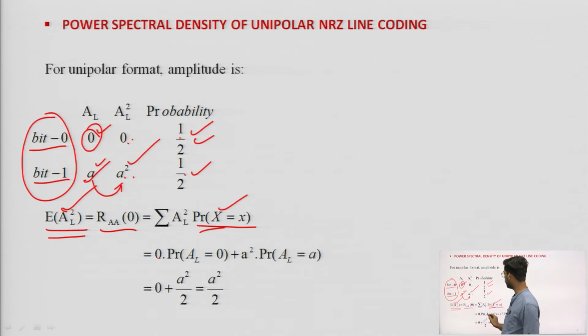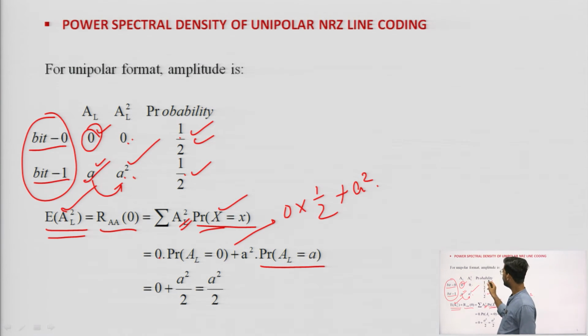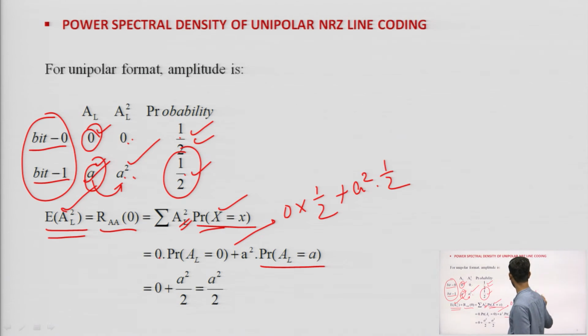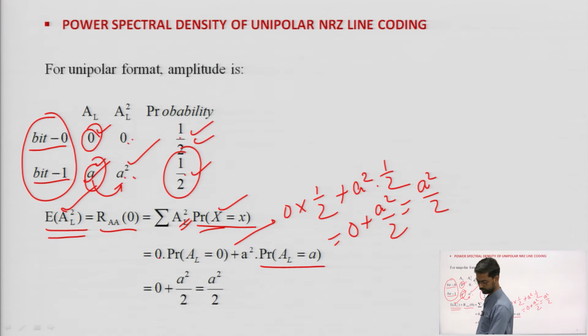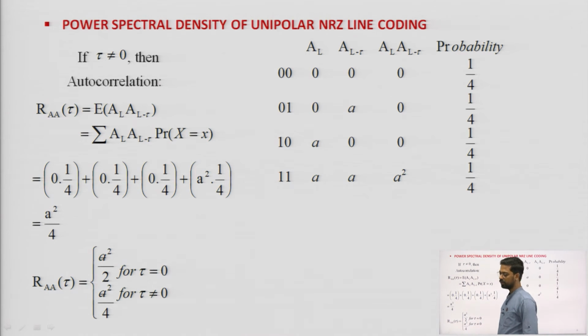So that is 0 multiplied by half, plus A square multiplied by the probability of A_L equal to A. The probability of A_L equal to A is also half. So we have 0 plus A square by 2, equal to A square by 2. That was the case for tau equal to 0.